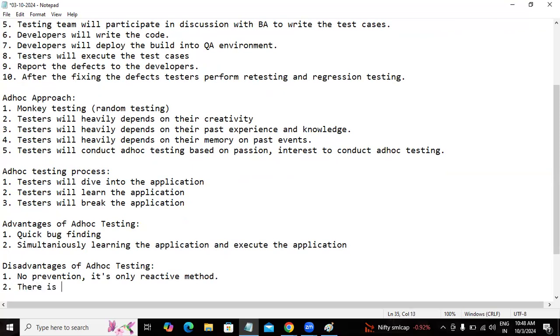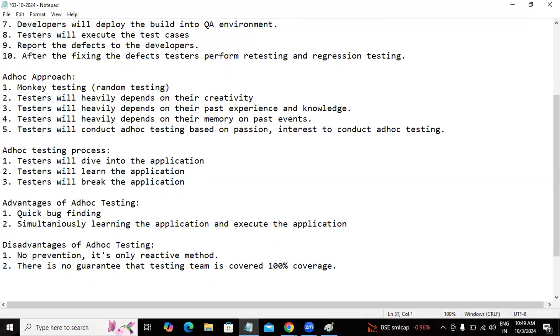There is no guarantee that the testing team has covered 100% coverage.